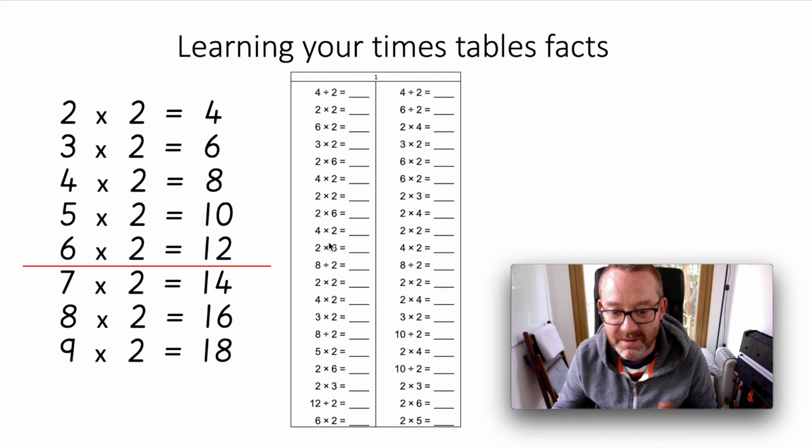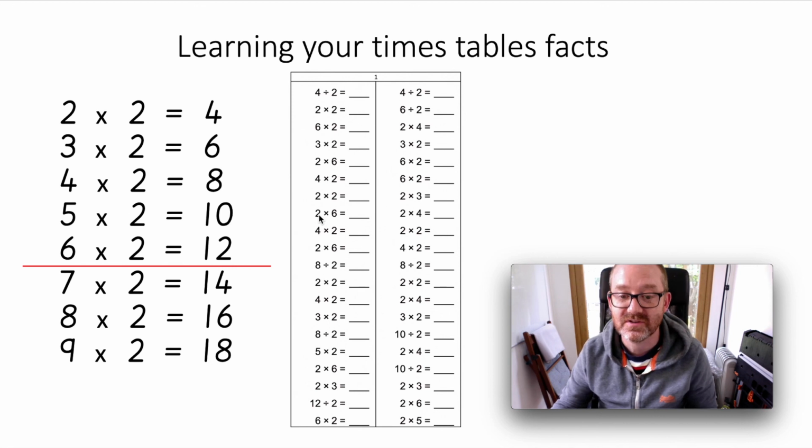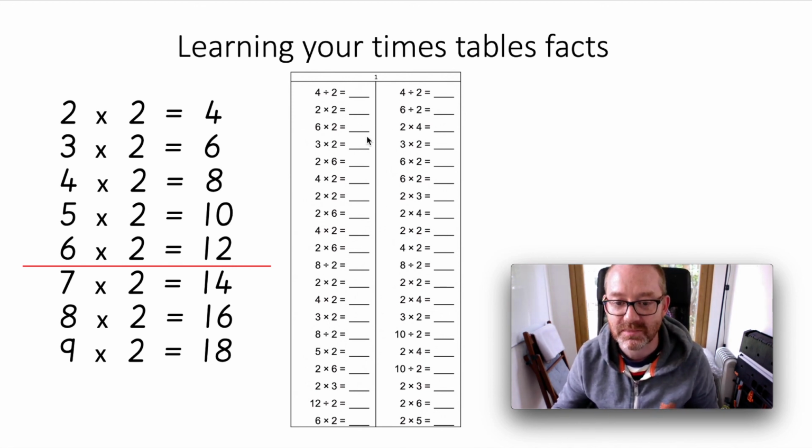You just need to remember that when I get to questions like this, I'm going to say 6 2s are 12. I'm not going to say 2 6s are 12. I'm going to say 6 2s are 12. Okay, so I'll say it, then you chant the answer or repeat if it's a multiplication question back to me. Okay, ready?